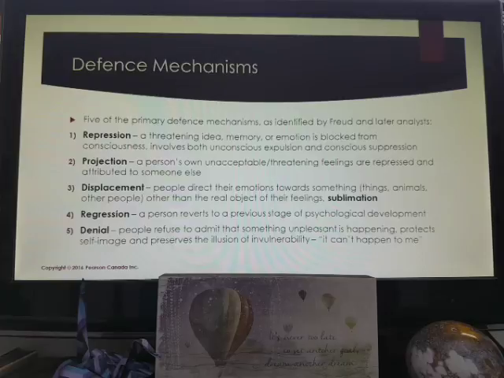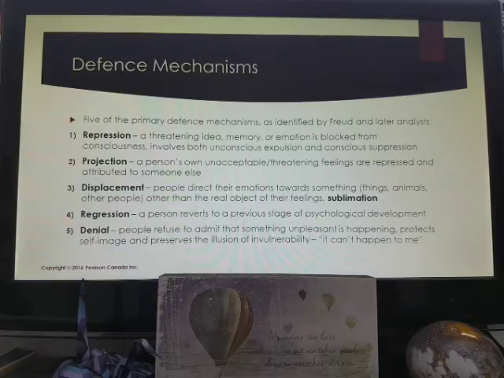The fourth defense mechanism is regression. Regression occurs when a person reverts to a previous stage of psychological development. There are cases in which children may regress when they go through difficult life circumstances. For example, a child who's maybe 8-10 years old, if their parents are getting a divorce, may start doing things that they did during infancy or toddlerhood, such as sucking their thumb, or they used to be afraid of the dark and got over it, but they regain that fear.